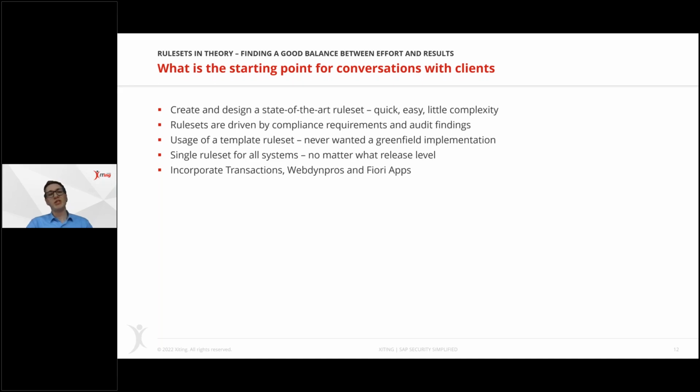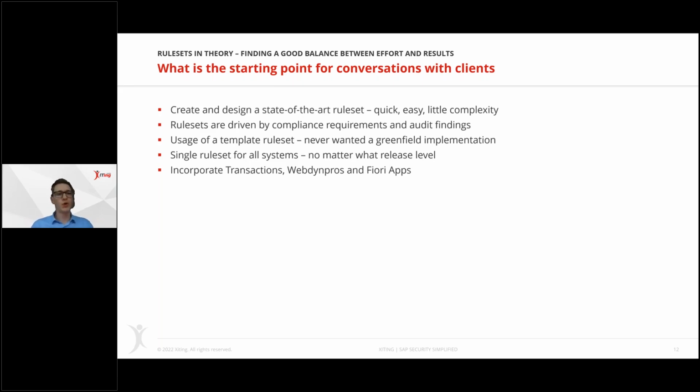Then in terms of maintenance, there's a high demand for a single rule set for all systems. So basically having a sort of repository and then applying those rules to any type of system, and also not so much worrying or caring about the release level.